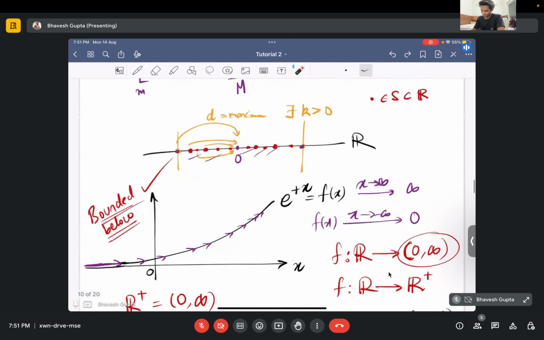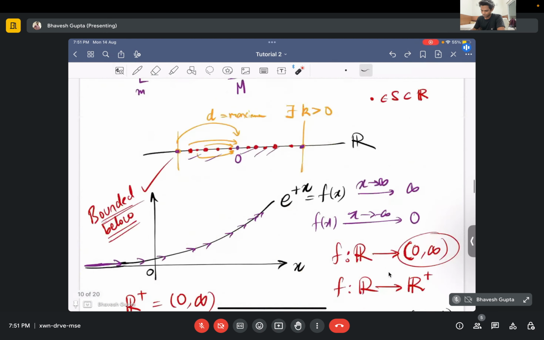And the moment you see any closed interval, the first thing that should come into your mind is a compact set. And why am I saying that it's a compact set? Because the first thing, in order to be a compact set, it needs to be bounded. And the second point, it should be a closed set, right?